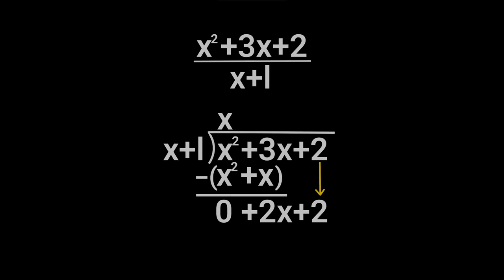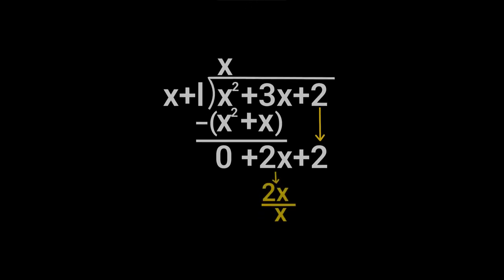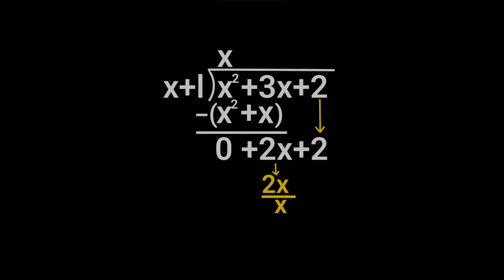We're gonna take 2x and divide by x. That gives us 2. We're gonna take that 2 and put it on top of the division sign.